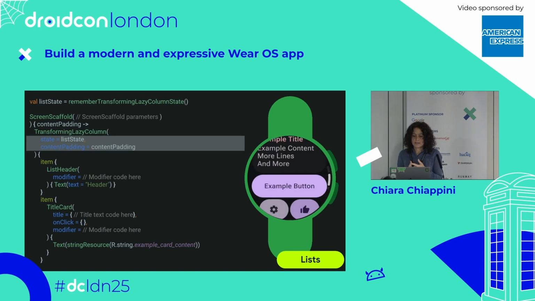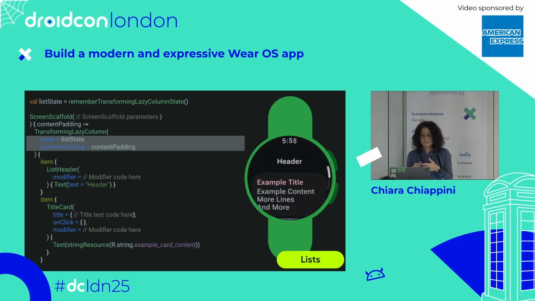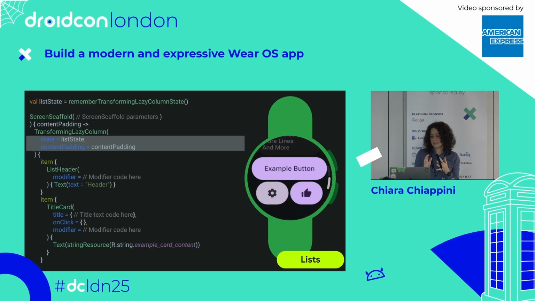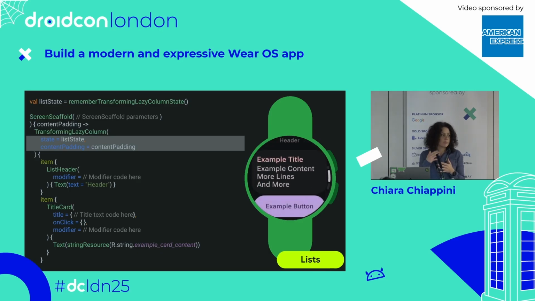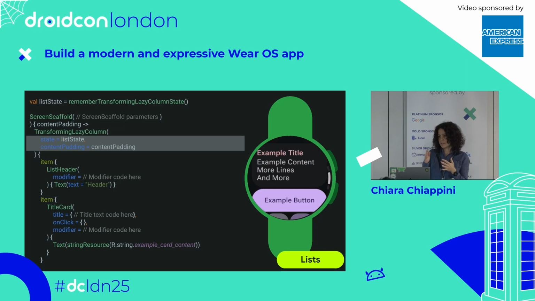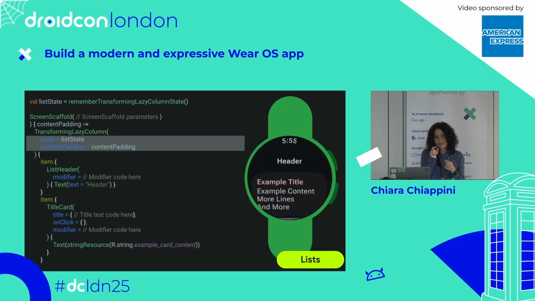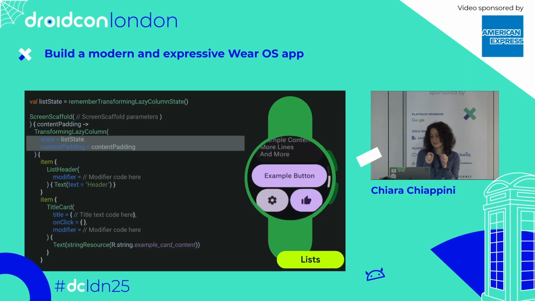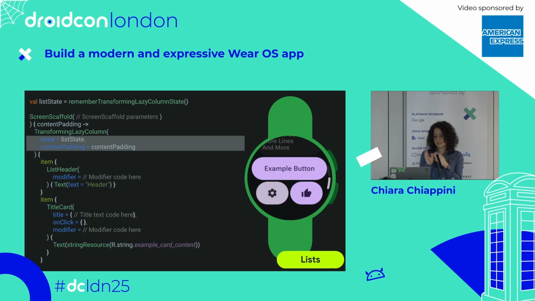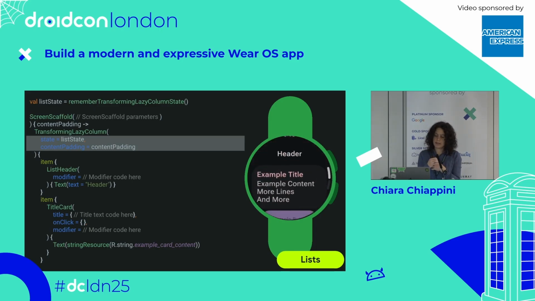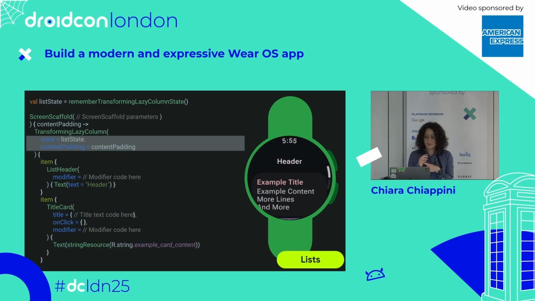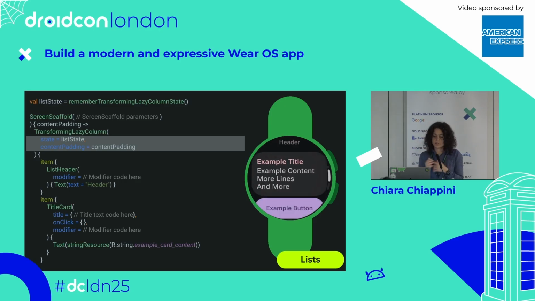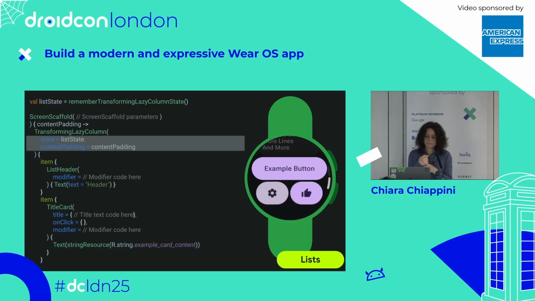So let's look at understanding how transforming lazy column works. Transforming lazy column has a state parameter whose role is to be the single source of truth for the list scroll position and control its animations. So you typically share the same state object passed to the screen scaffold, which we looked at earlier, so the scroll indicator and the time text component can react based on the user scrolling the list.